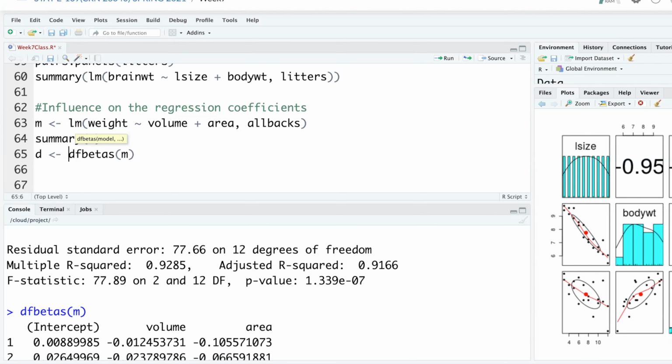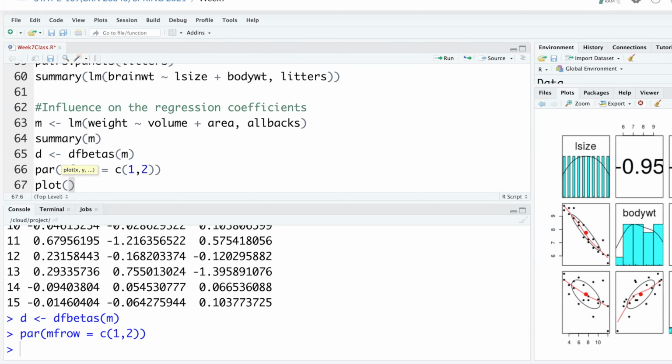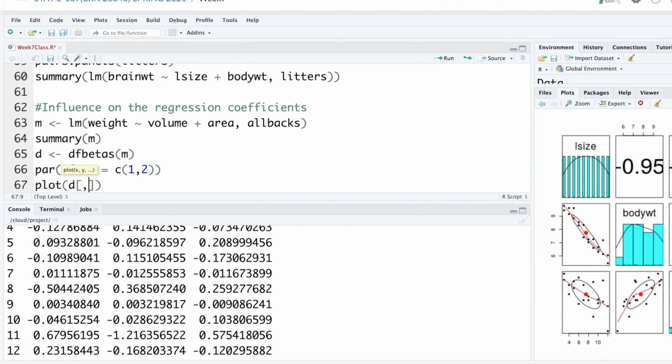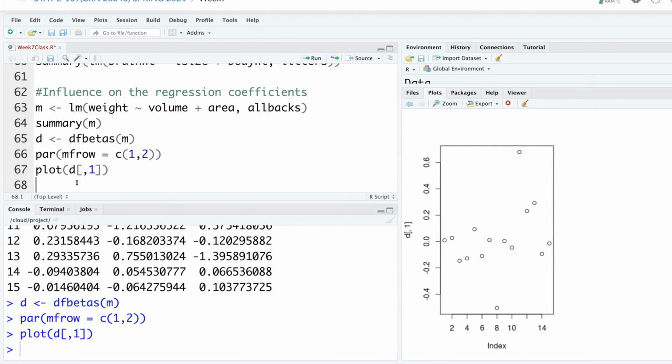Let me put this in D. And I want to make those plots with mfrow, so we'll do it side by side, one row and two columns. The first plot I want to do is for D, all rows, and let's do it for the first column. And this is for the second column.